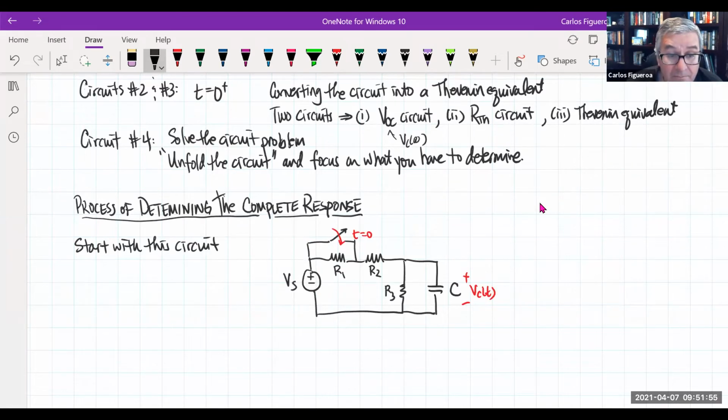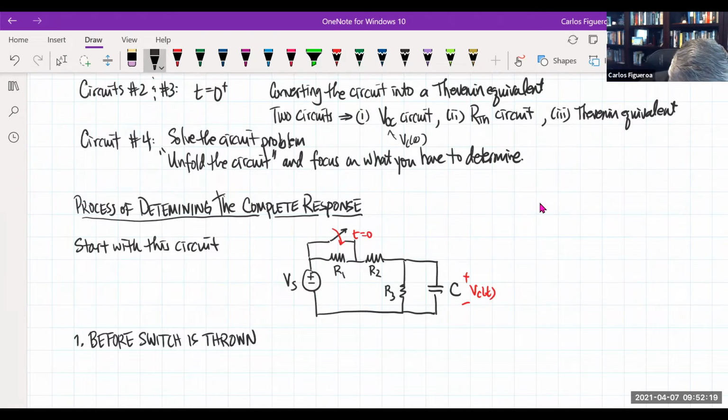So the first thing that I need to do here is look at what? I need to look at before the switch is thrown. Okay.